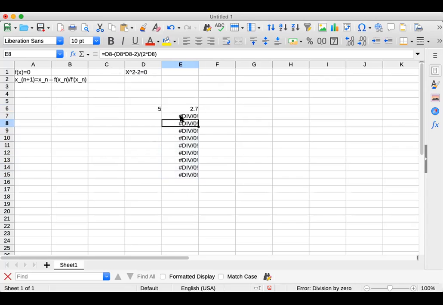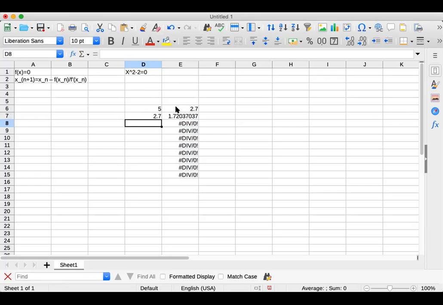So how do we do this? It's very simple. In this cell, we're going to say that we should put the number that is one cell to the right and one up in there. So equals E6.